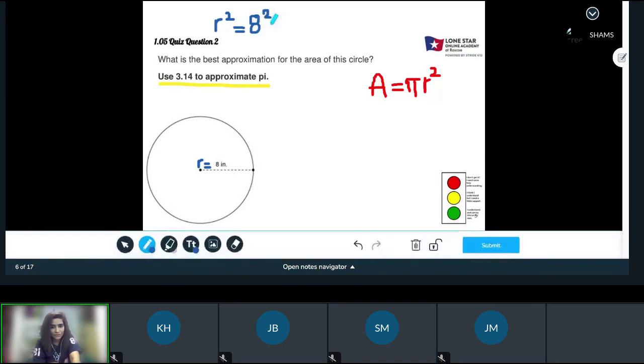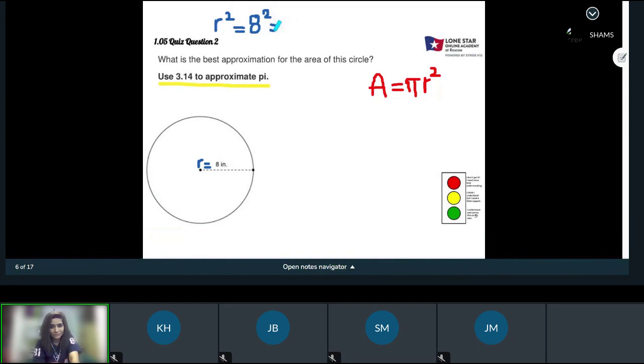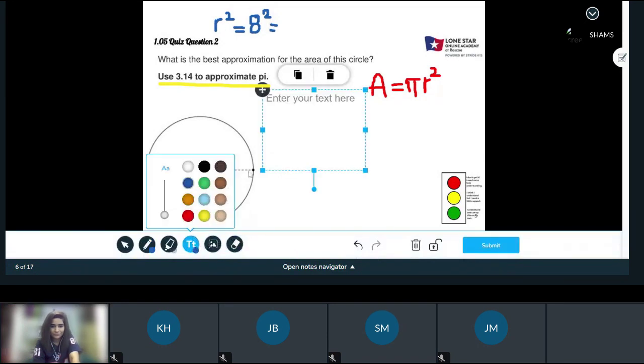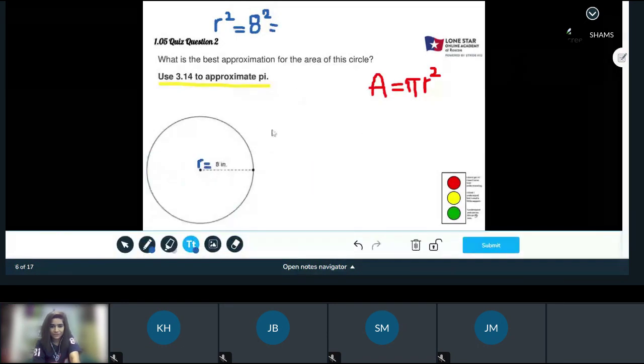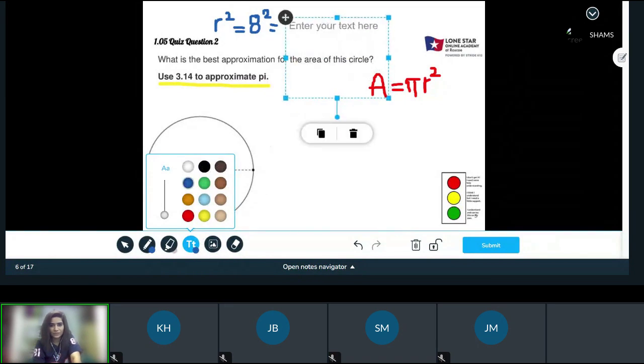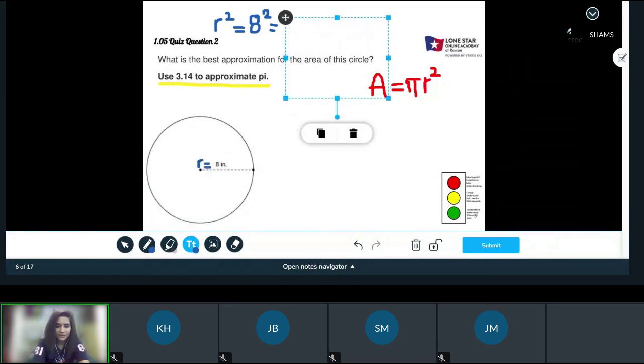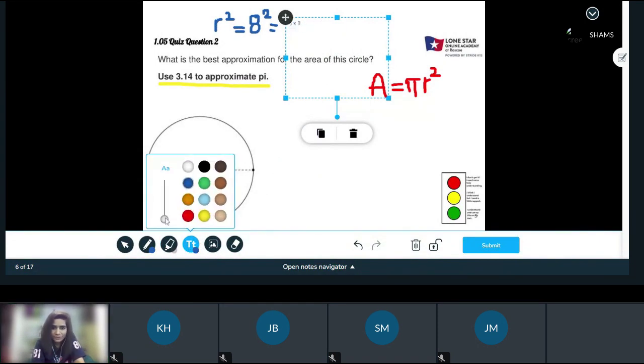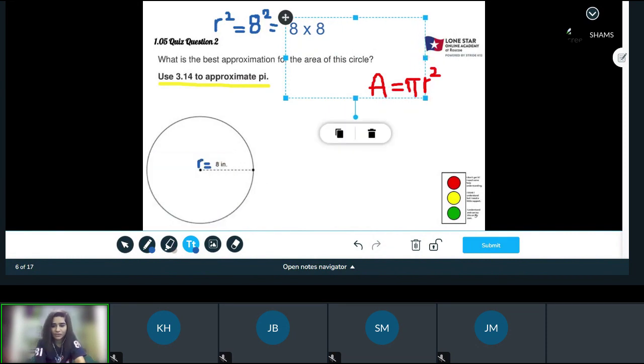And what does that mean? 8 times 8. 8 squared means 8 times 8, and that gives you 64.